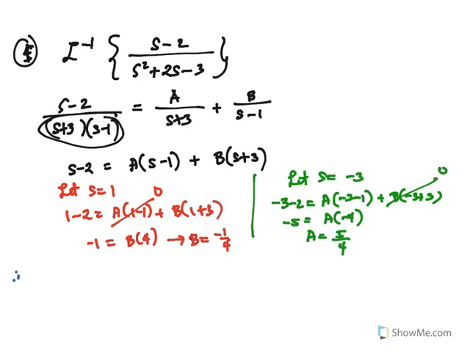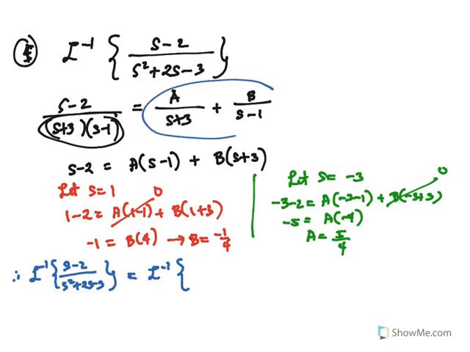Therefore, the inverse Laplace transform of s minus 2 over s squared plus 2s minus 3 is equal to the inverse Laplace of, you now use this.